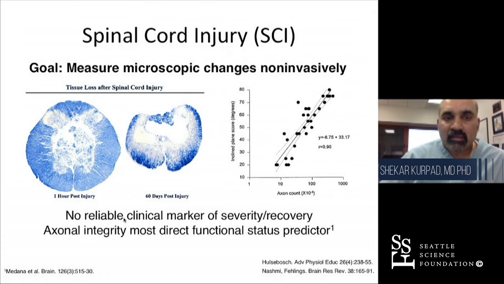That's important because, as Mike Fehlings has shown in many papers on the subject, axonal integrity is the most direct functional status predictor. So in other words, diffusion along the craniocaudal axis, which might be an indicator of axonal integrity, might be of interest in using diffusion imaging as a prognostic marker.